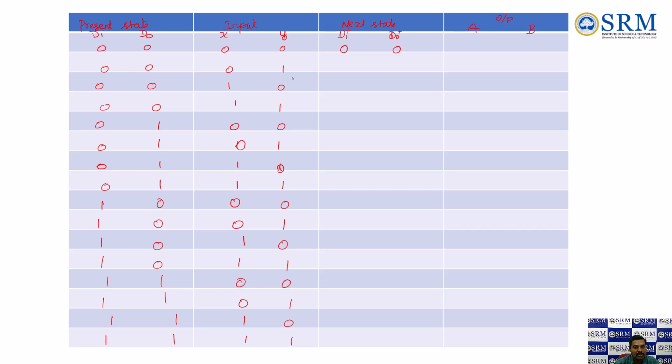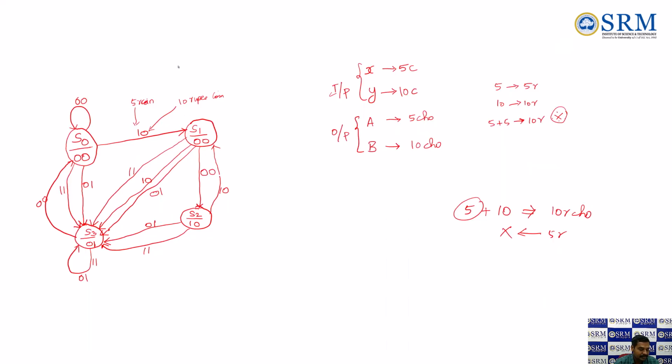My input is now 0, 1 and the present state is 0, 0. Going back to the state diagram, my present input is 0, 1 and my present state is 0, 0. What was the output?